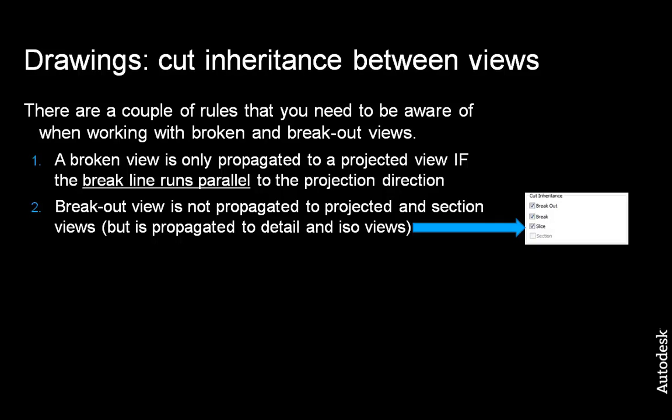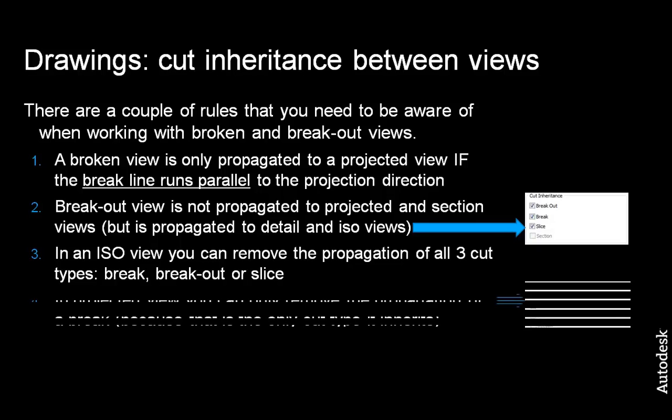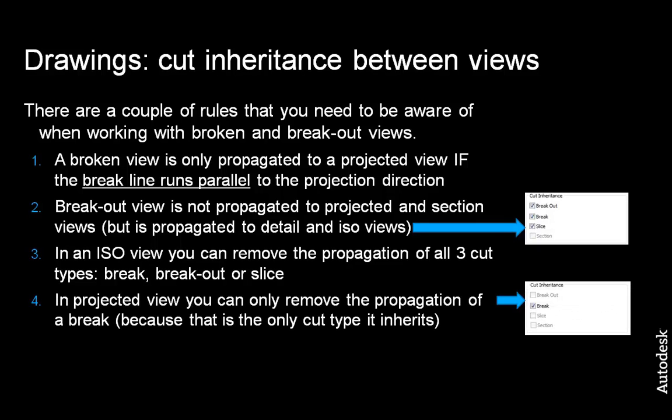So you see in some of those views more checkboxes that are reachable than in other views. In an ISO view, you can remove the propagation of all 3 cut types: break, breakout, and slice. In projected views, you can only remove the propagation of a break. The 3 other checkboxes are not enabled.